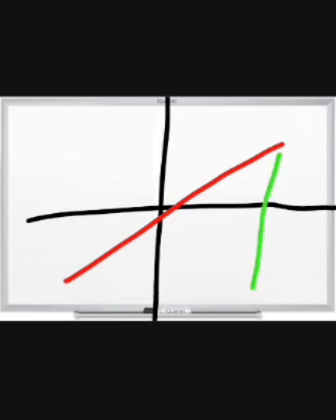If I have this, and this is the line, right? The gradient of the line is determined by the length on the y-axis compared with, or in relationship with, that of the x-axis.